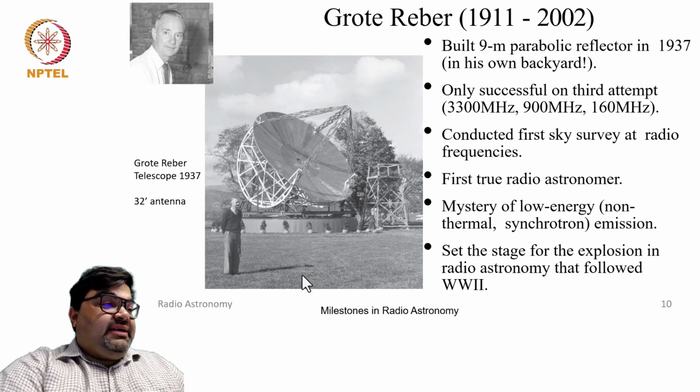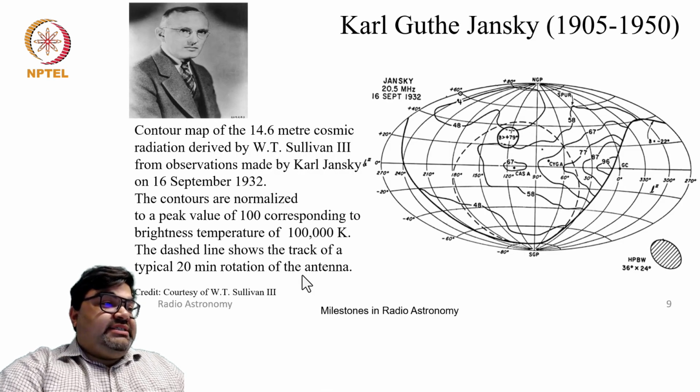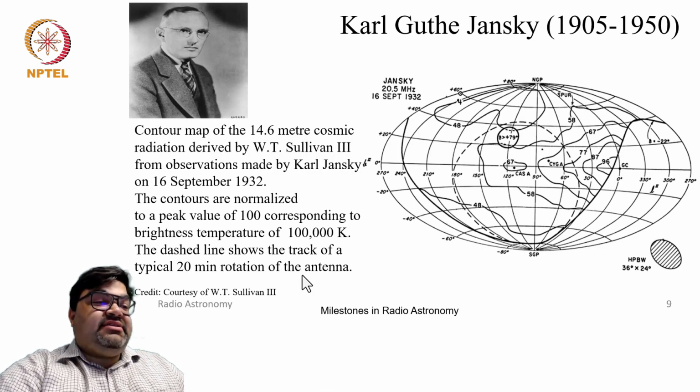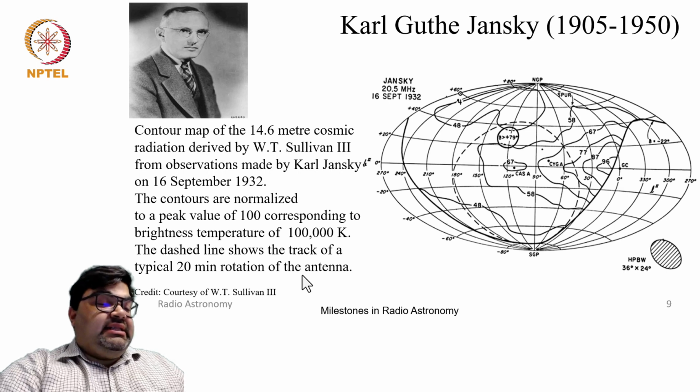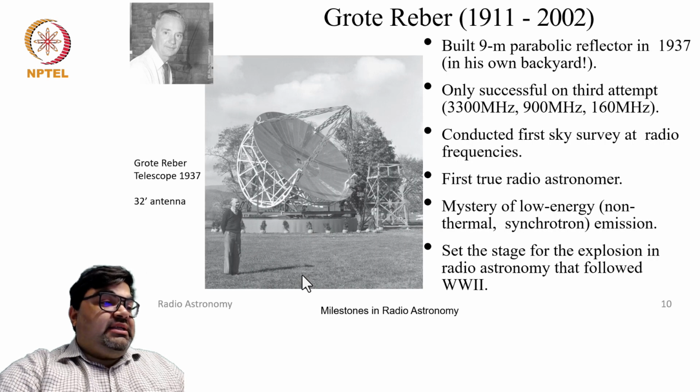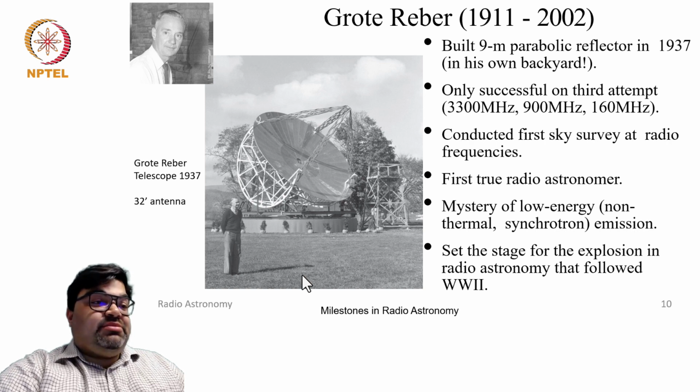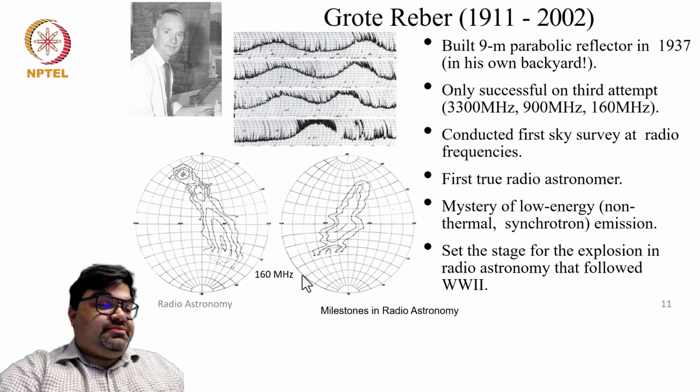If you go to Jansky's observations in 1932, they were made at 20.5 megahertz. Unfortunately, Jansky was taken off the project, and it didn't quite materialize after that. Looking at his work, Grote Reber got excited, and he built a new telescope, and that went on observing at a little bit higher frequency, at 160 megahertz.